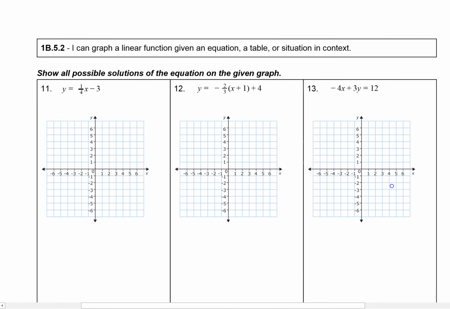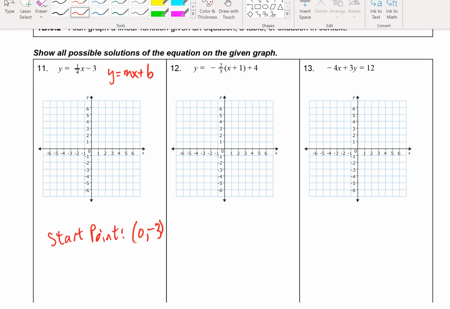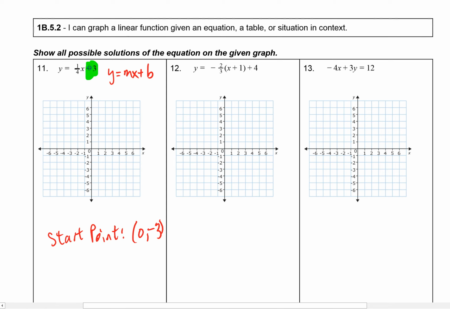Well, we've got some graphing that we need to do quickly. This right here is slope-intercept form, y equals mx plus b. We have a starting point of 0, negative 3. I hope you can see that b value right here, you're always going to have that point as your y-intercept, that's 0 comma b.